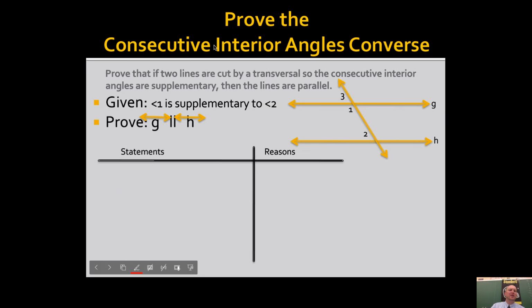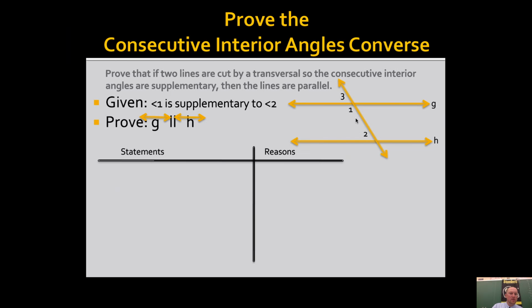In this one, we're going to prove the consecutive interior angle converse. And this one's a little bit different, which is why we're going to go over it. So you are given that angle 1 and angle 2 are supplementary to each other. That's how you start to prove the theorem, because these are consecutive interior angles.